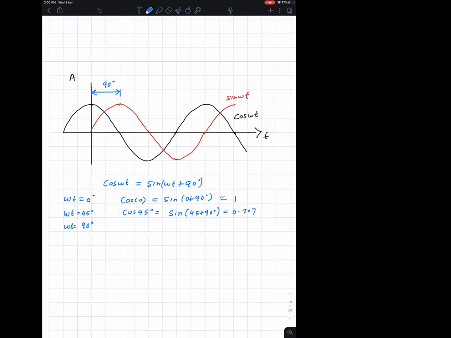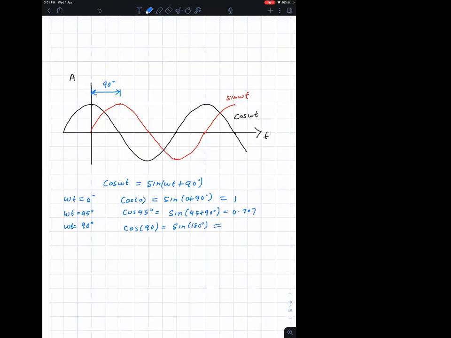Yes. And then when omega t is 90 degrees, cosine 90 is equal to sine 180 degrees.